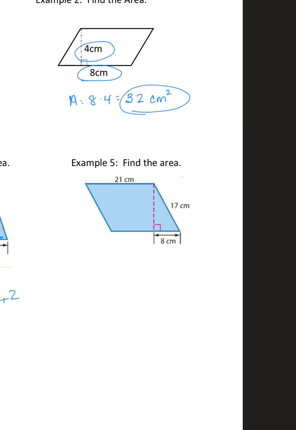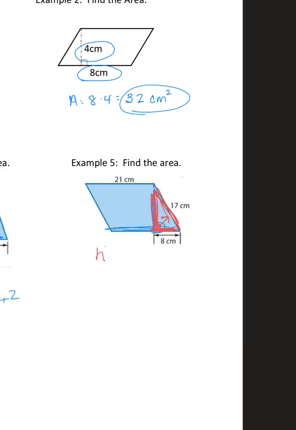All right, so now let's look at this next example. So this one is going to be a little bit trickier. So I know that if I look for that right angle mark, that's supposed to connect the height and the base, but it's not giving me that height. But this is a right triangle, and we've been studying right triangles, and we know that we can use the Pythagorean theorem, and the box points to our C part.